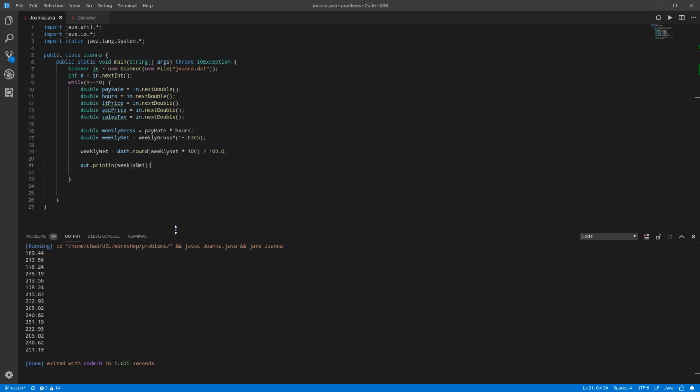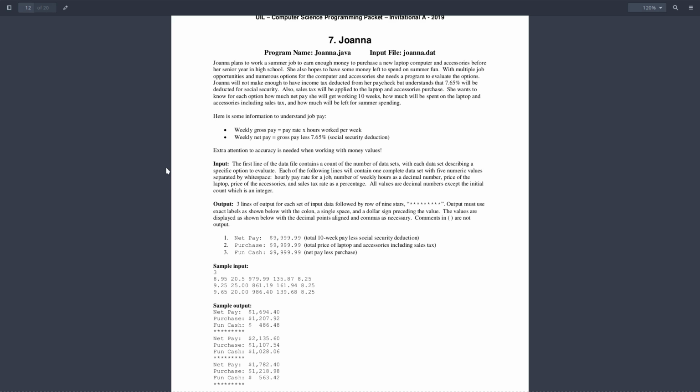Okay. So now she's working for 10 weeks. So if this is how much she makes each week, then her total net pay would be that amount times 10.